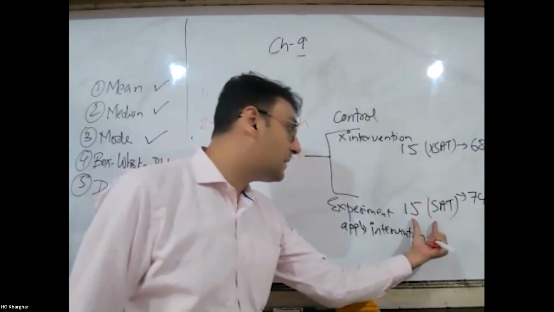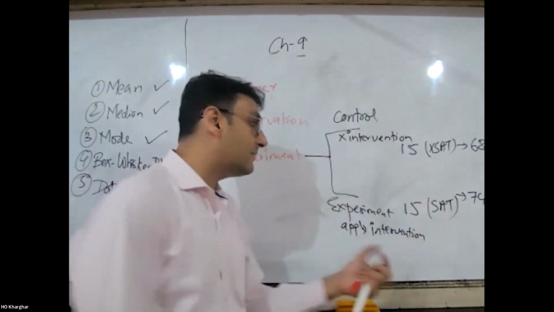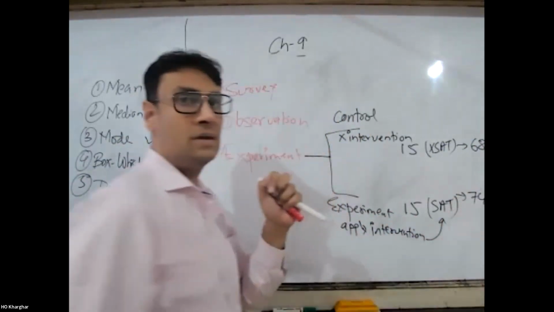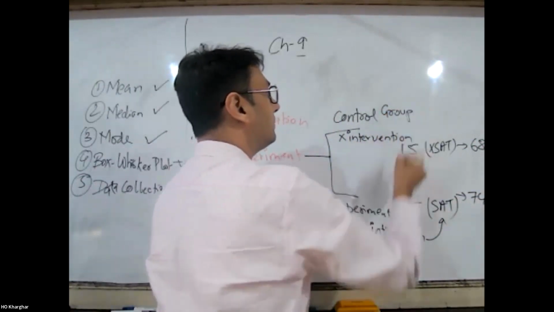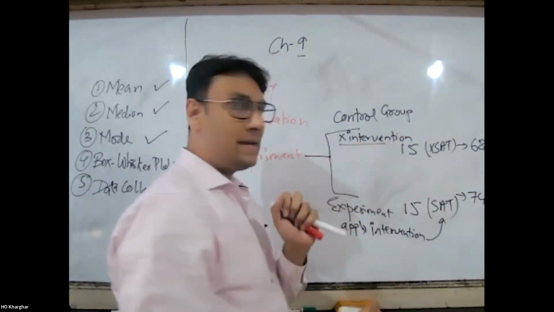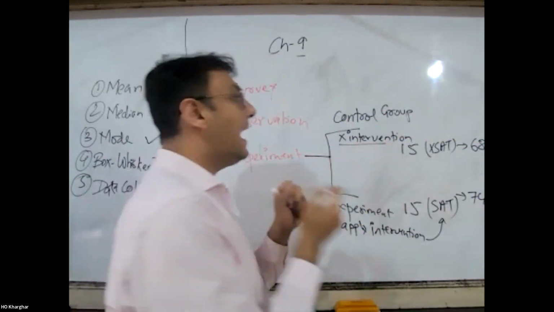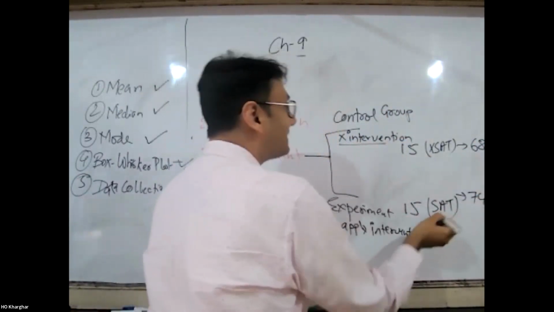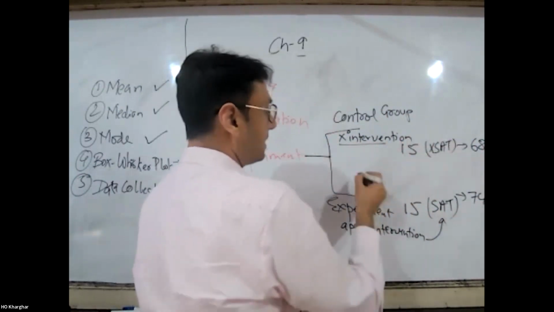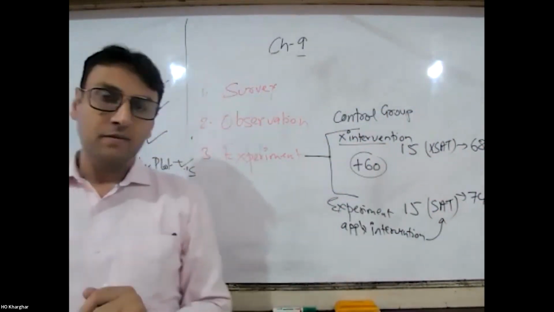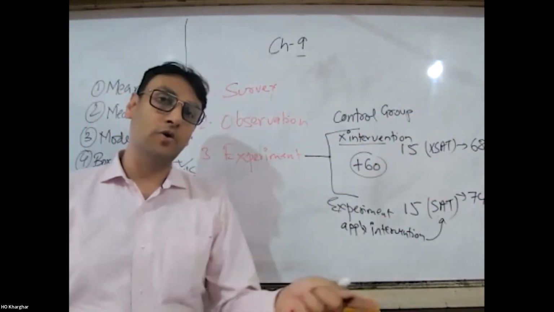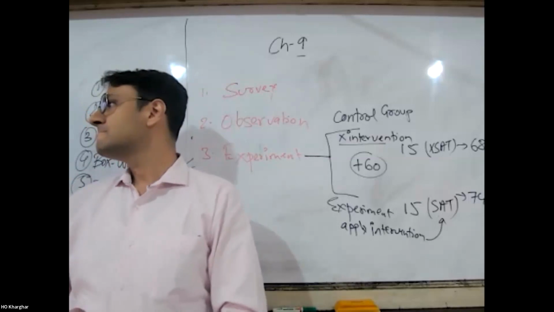So this is my experiment group because I applied an intervention which is SAT training. This is my control group because no intervention was applied. They were in their natural setting. And then I can conclude that SAT training helps somebody score 60 points more compared to no training on SAT maths.